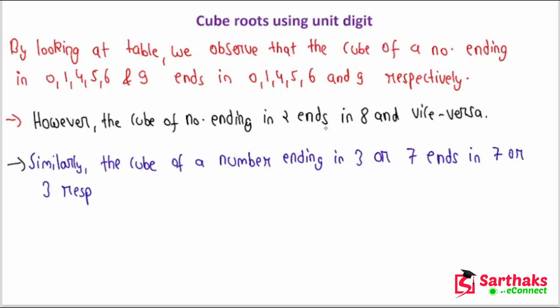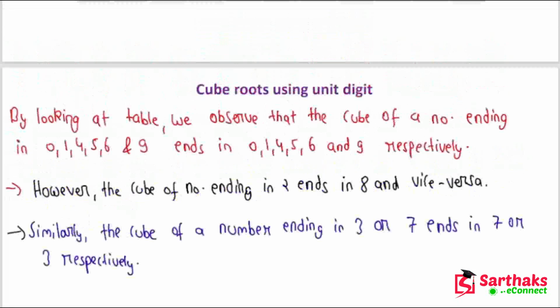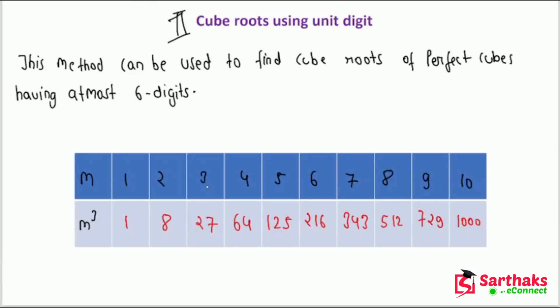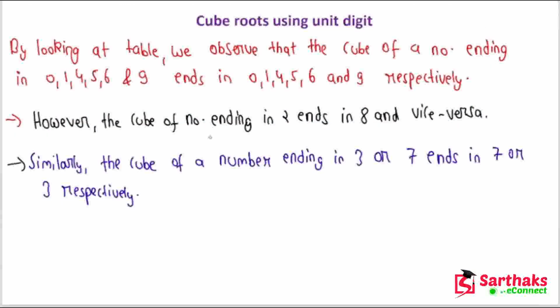Similar to the pattern we have with 2 and 8, we have a similar pattern with 3 and 7. Let me show you what I am talking about. If a number is ending at 3, its cube will end at 7. If a number is ending at 7, its cube will end at 3. So that is a particular relationship between them.